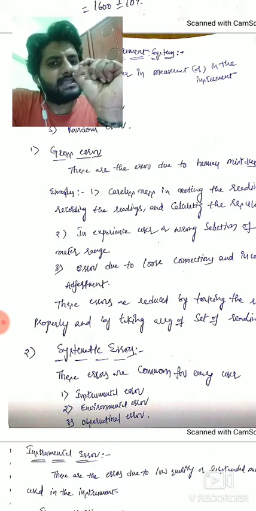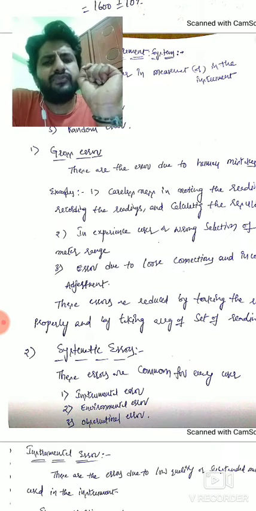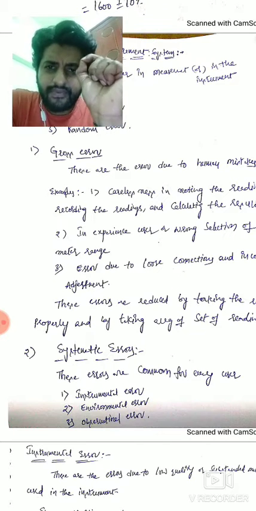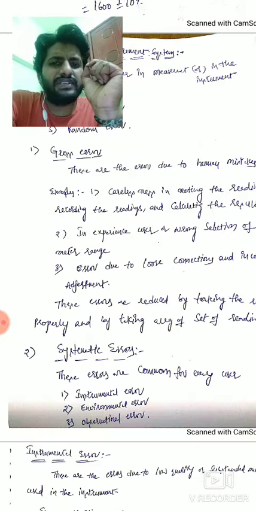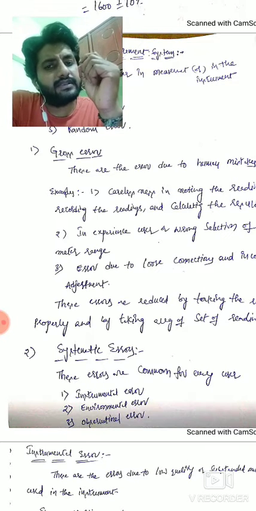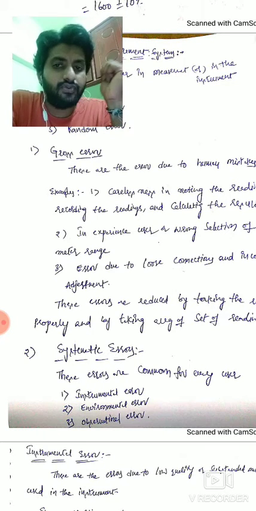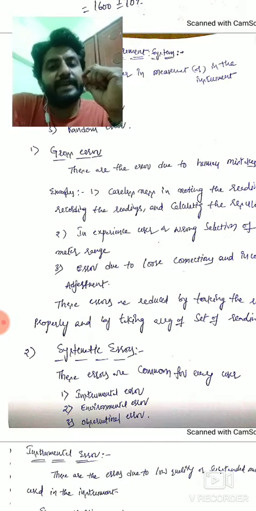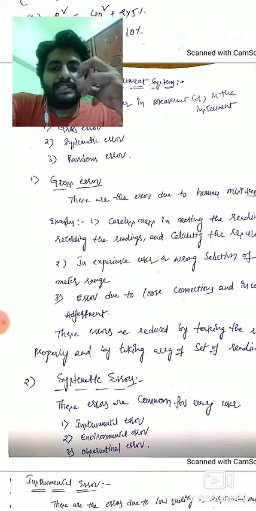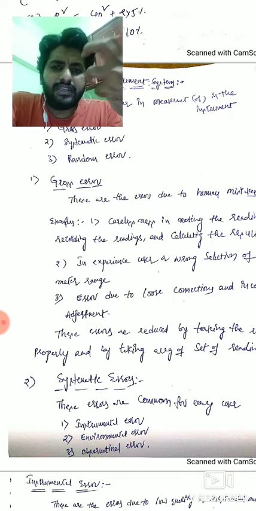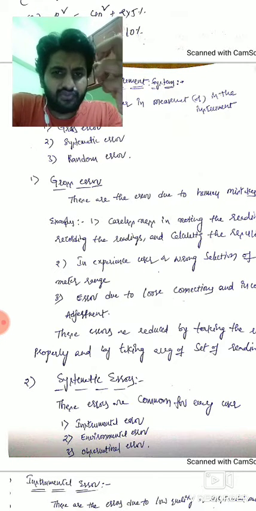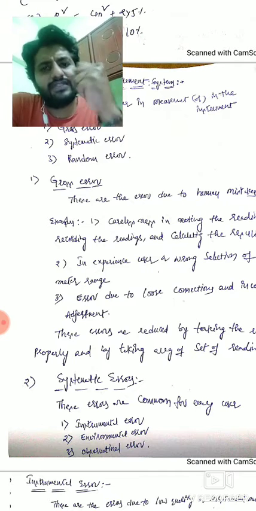So for the measurement of 10 volts, a 0 to 50 volts voltmeter is more suitable. Definitely you will get some error when you take a 0 to 100 volts voltmeter for measuring 10 volts. This is nothing but an inexperienced user. He doesn't know what type of instrument he has to take for the measured value.